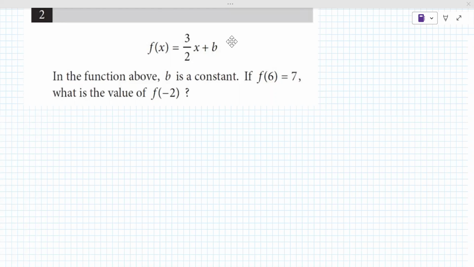Well, it says that it needs to be times 6, so then I do 3 over 2 times 6, which is 9, and then plus b, which would need to be 9 minus 2. So f of -2 is -2. So your final answer is f of -2 is -2. Is that right? Yeah. Okay.